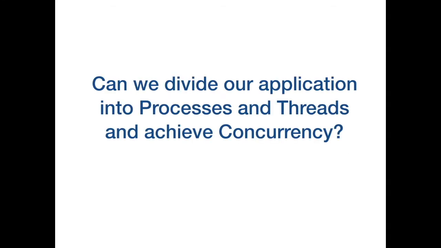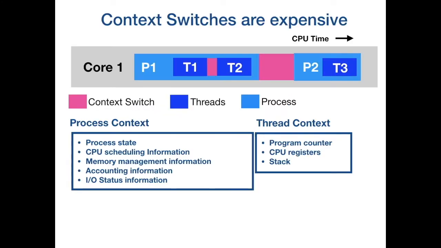Now you may ask, can we divide our application into processes and threads and achieve concurrency? Yes, we can, but there are limitations. Context switching. Context switches are considered expensive. CPU has to spend time copying the context of the current executing thread into memory and restoring the context of the next chosen thread.